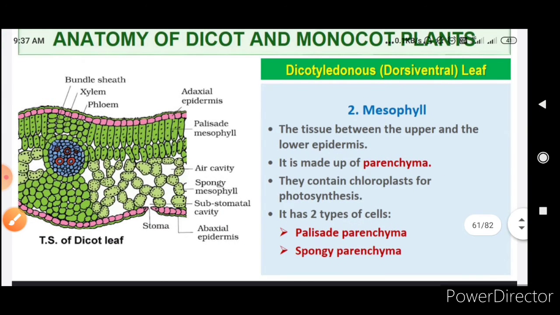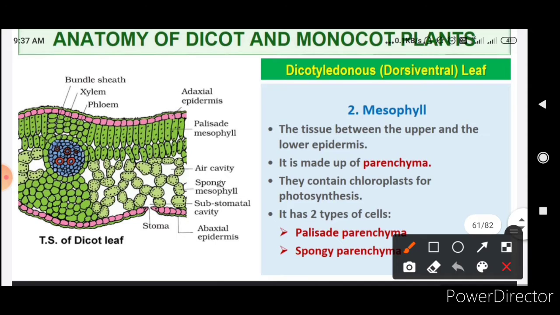Now when we talk about the mesophyll, what is mesophyll in a dicot leaf? The tissue between the upper and the lower epidermis is the mesophyll. It is made up of parenchyma. You can see here in the diagram, this is the palisade parenchyma, the palisade mesophyll, and this is the spongy mesophyll, that is spongy parenchyma.